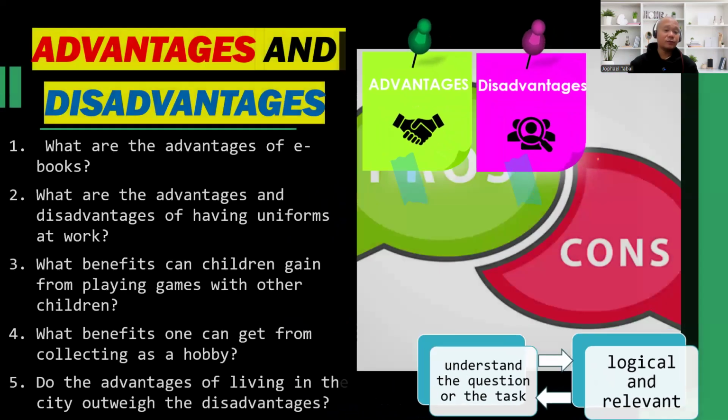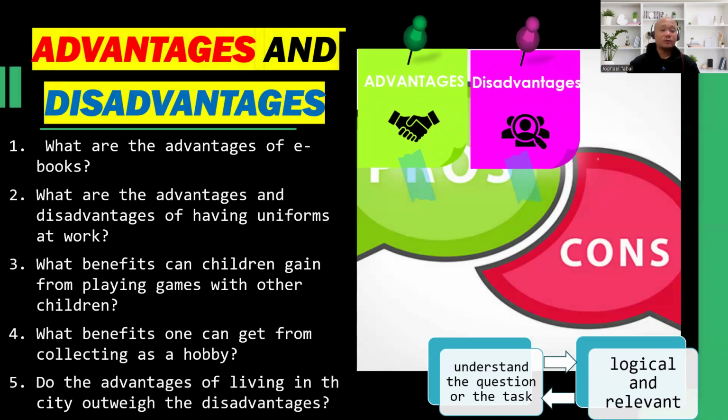Now, the same goes for the type of question which is giving advantages or disadvantages. The candidate must also use transitional words and phrases, or cohesive devices, to connect the ideas more effectively, ones that enumerate the advantages and the disadvantages.